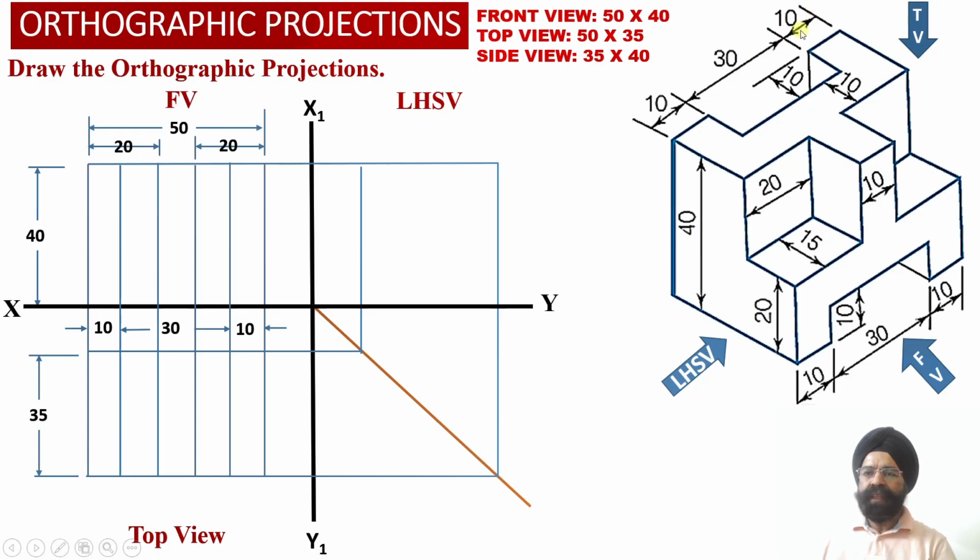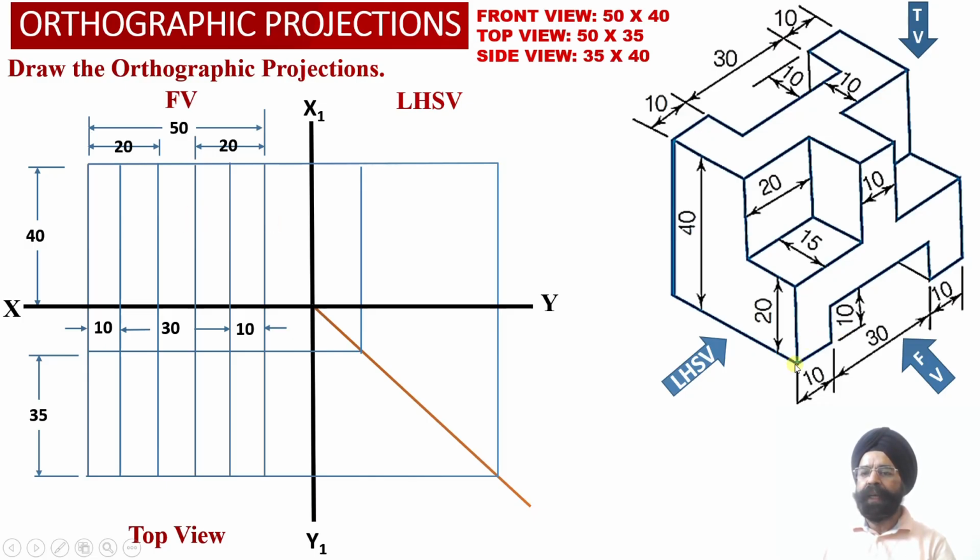Once again, these two vertical webs are lying at a distance of 10 millimeter from the left hand side face and the right hand side face respectively. So this distance of 10 millimeter will overlap with this distance of 10 millimeter. Similarly, this distance of 10 millimeter will overlap with this distance of 10 millimeter. So this way, all the elements alongside the width we have already plotted in the front view orthographic projection.